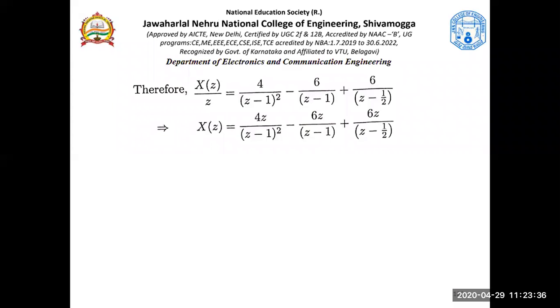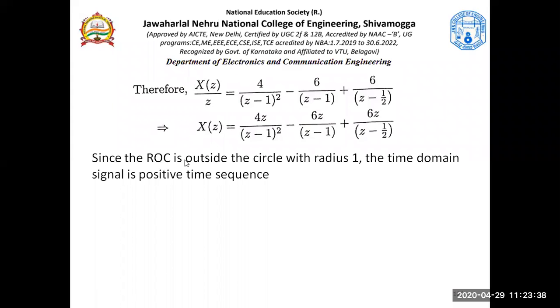What is the region of convergence? Let's see. The region of convergence is outside the circle with radius 1. So since it is outside the circle with radius 1, with all the terms, we associate a positive time sequence. So for z by (z minus 1), it is u of n. For z by (z minus half), it is half power n u of n.